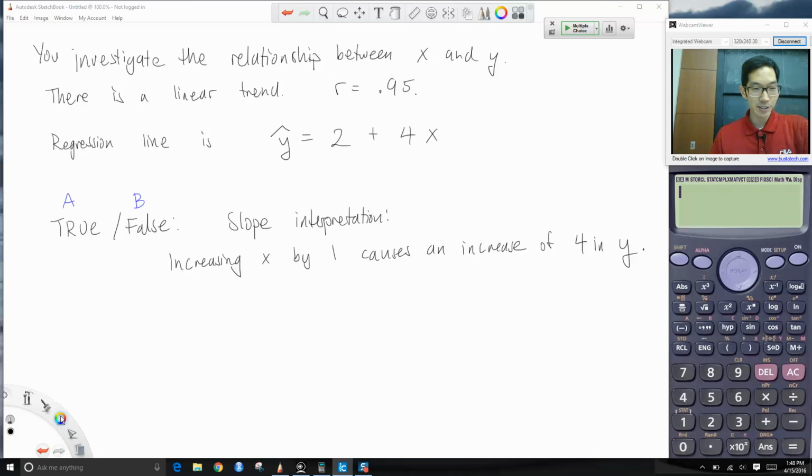So here's the important part. Okay, there are two key things as to why this is wrong. One says causes. Linear regression and correlation say nothing about a causal relationship.